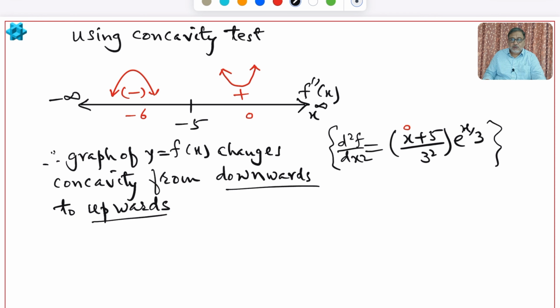From downwards to upwards at x is equal to minus 5. Yes, it changes concavity from downwards to upwards.